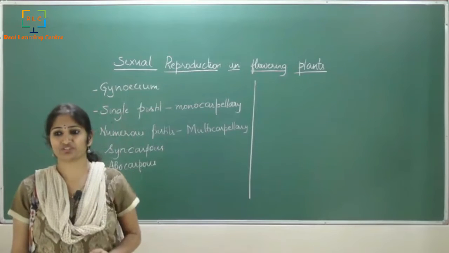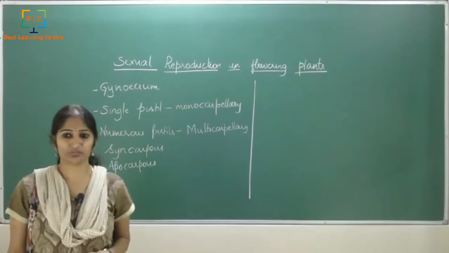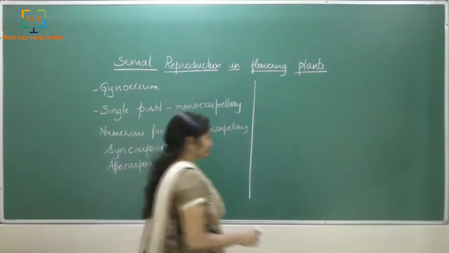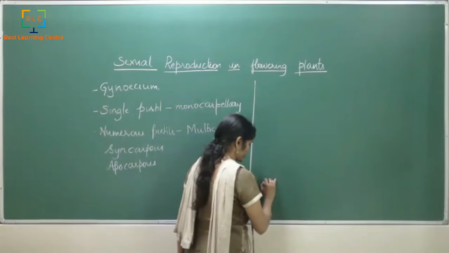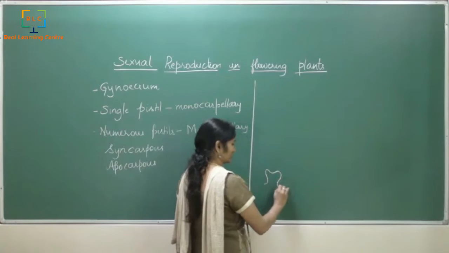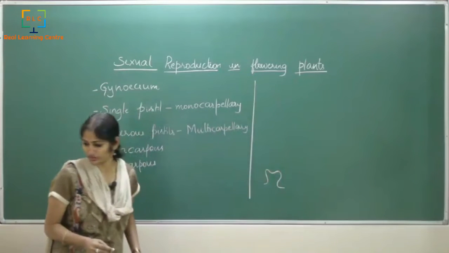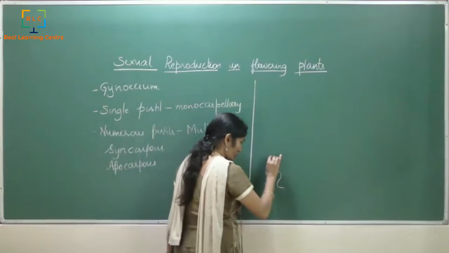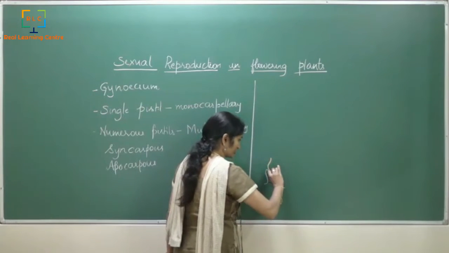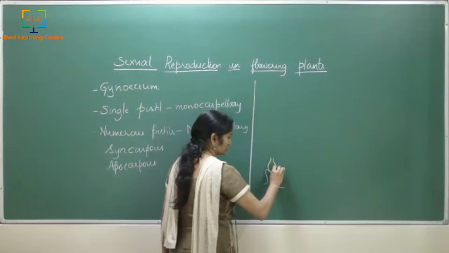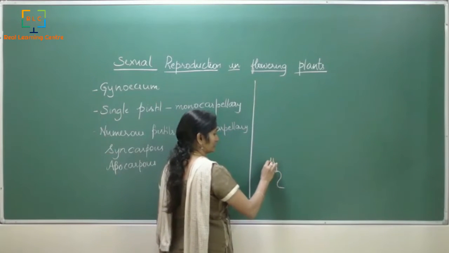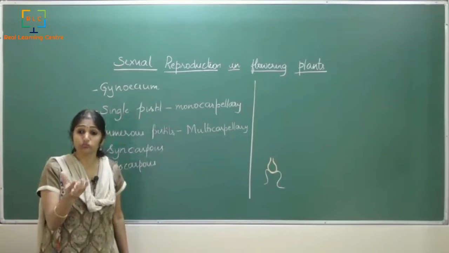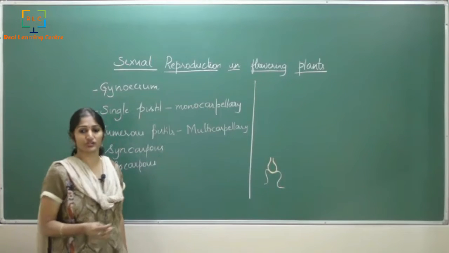Whether we are talking about a monocarpellary or multicarpellary flower, syncarpous or apocarpous, every pistil has three important parts. Let me say that this is the thalamus. In the thalamus there is one small region which has a ball-like structure at the base.